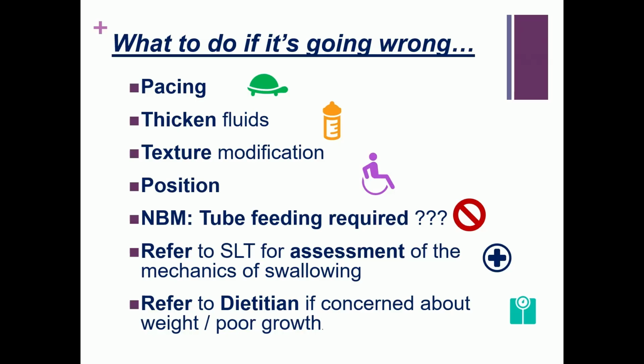We really don't want to have to suggest it, but it can really help them to regain strength, get better, and then the aim would always be to at some stage reintroduce solids or liquids orally and hopefully wean them off that tube in time.